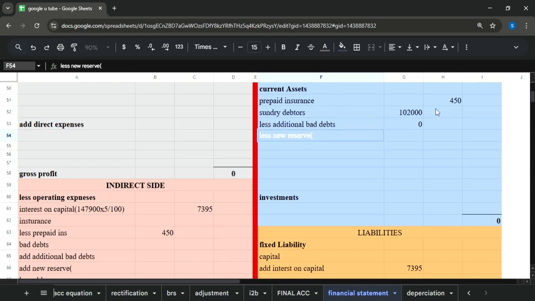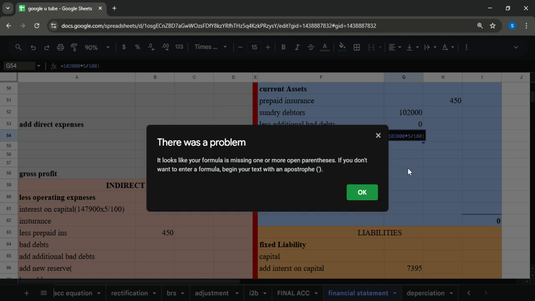Debtors are 102,000, and you will multiply it by 5 and divide by 100. How? The amount of debtors was 102,000, and you multiplied it by 5 and divided by 100. So the new reserve has also been calculated.